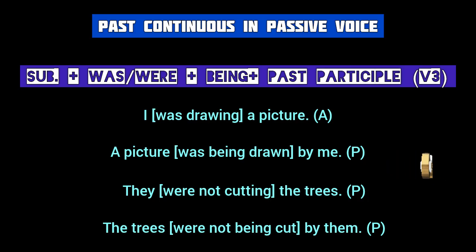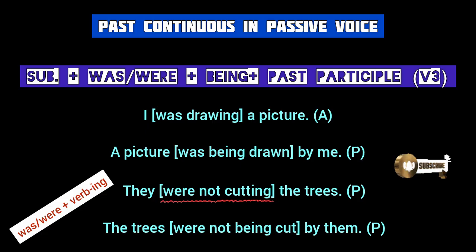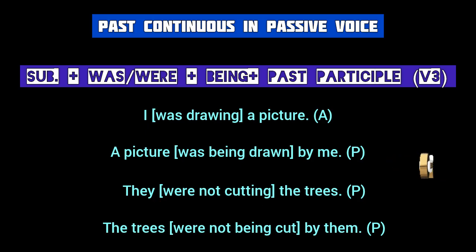In this sentence also, the verb were not cutting is in the past continuous tense active voice. Were not plus the ing form of the verb cut. We can change this sentence into the passive voice as the trees were not being cut by them. The verb in this sentence, were not being cut, is in the past continuous tense passive voice. In the first sentence, the subject they is the doer of an action, while in the second, the trees is the receiver of an action.